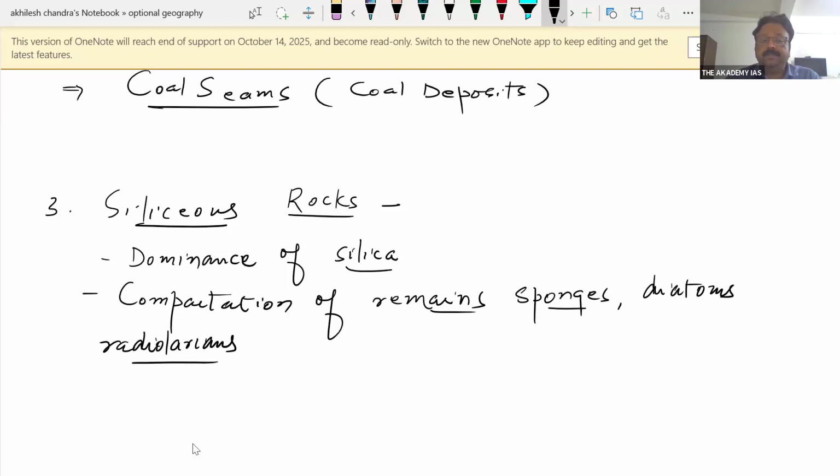So diatom deposits get compacted and form the siliceous rock.